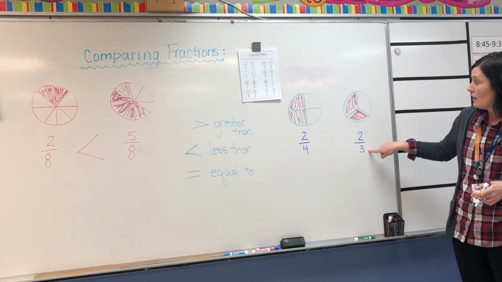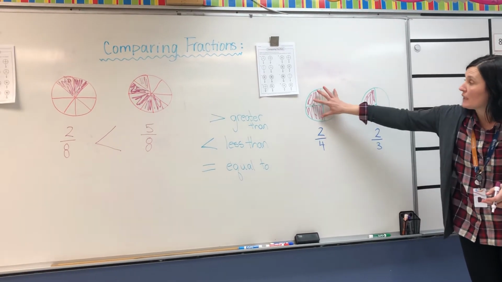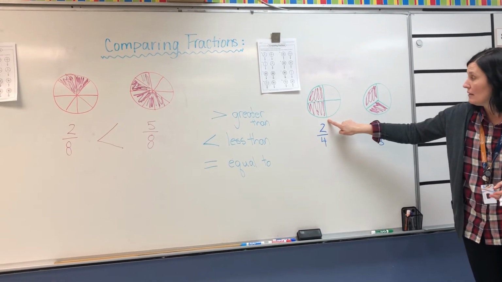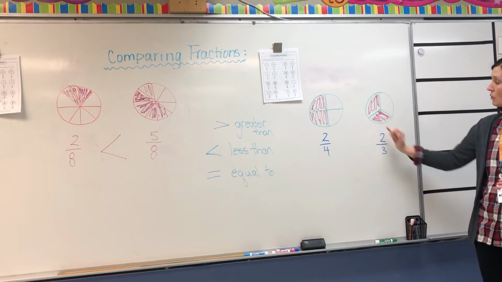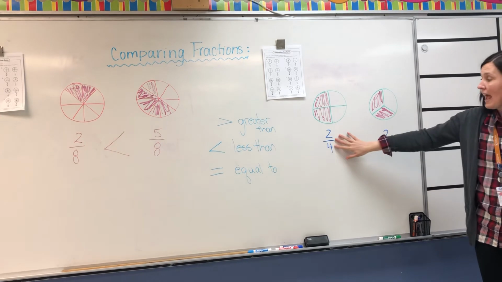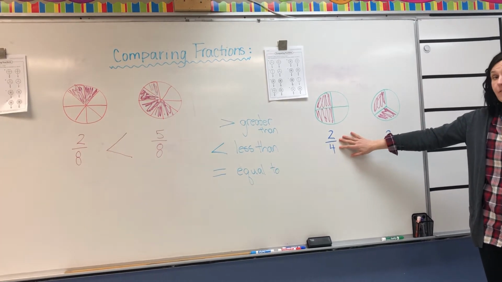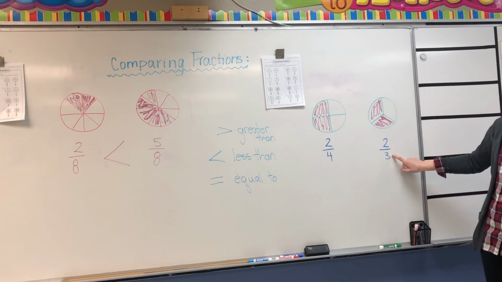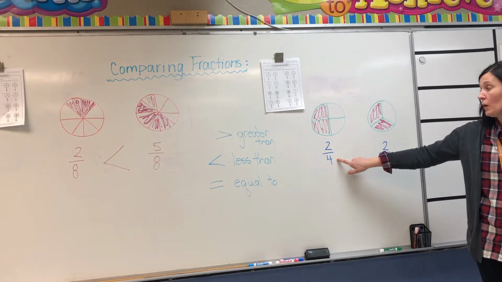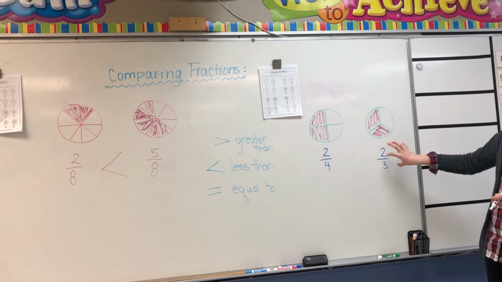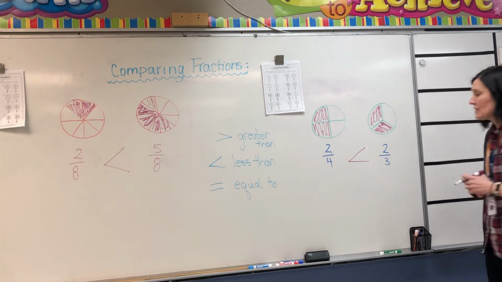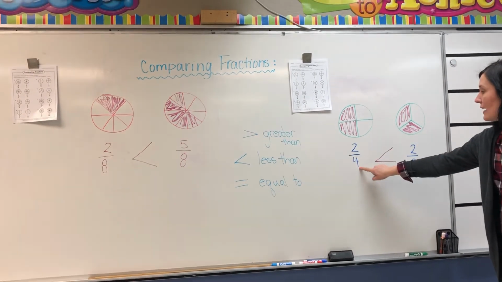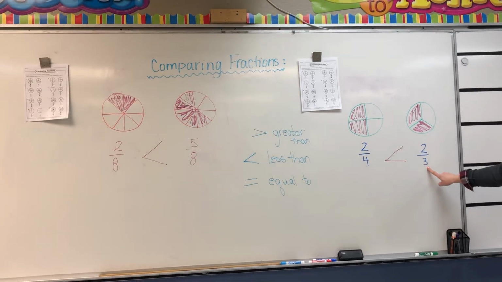Would you agree? Because this is only half of the circle shaded in, and this one a little bit more than half, right? So 2/3 is a little more than half, and 2/4 is half. So 2/3 is actually bigger than 2/4. So once again, my alligator wants to eat the bigger number, and 2/4 is less than 2/3.